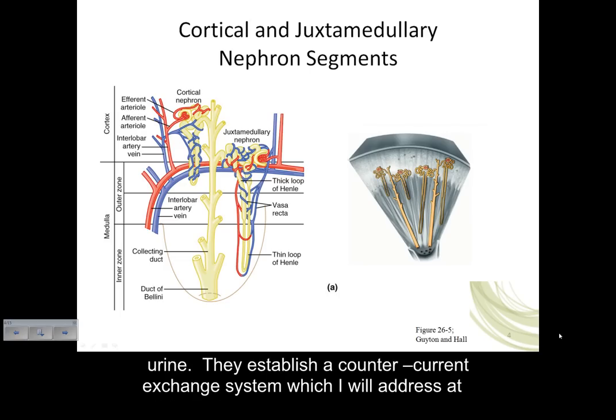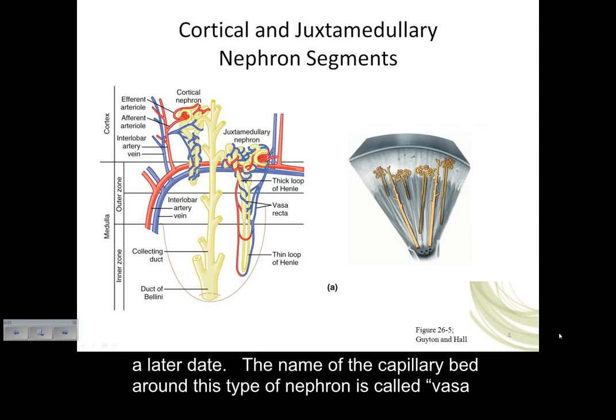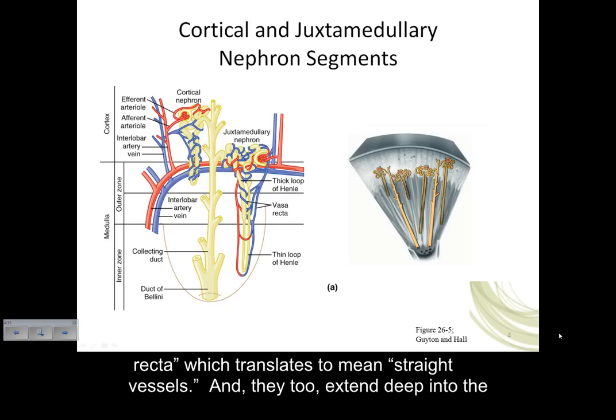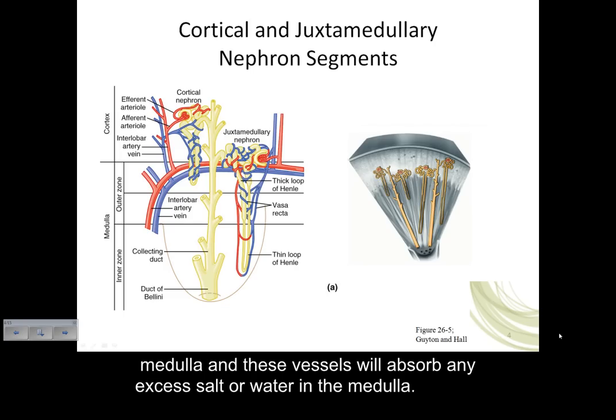They establish a countercurrent exchange system, which I will address at a later date. The name of the capillary bed around this type of nephron is called vasa recta, which translates to mean straight vessels, and they too extend deep into the medulla, and these vessels will absorb any excess salt or water in the medulla.